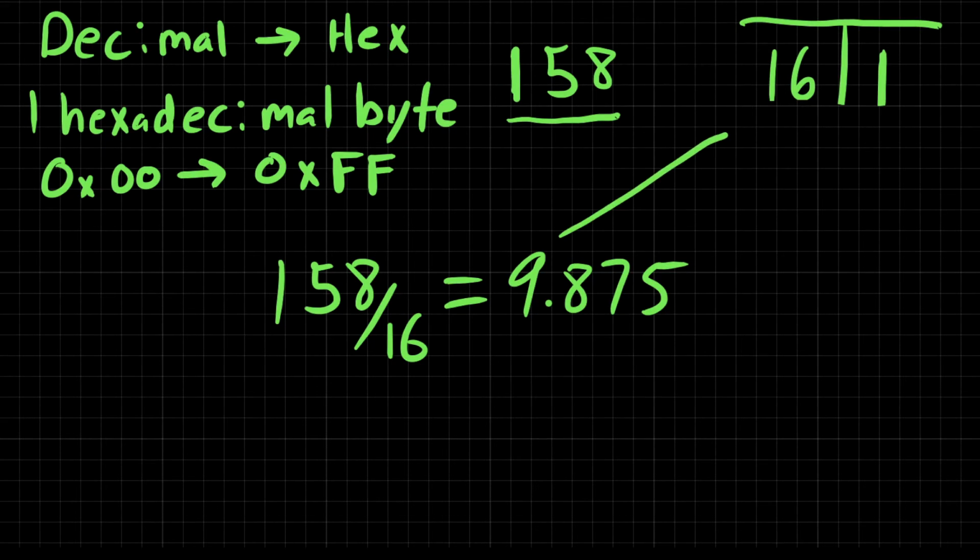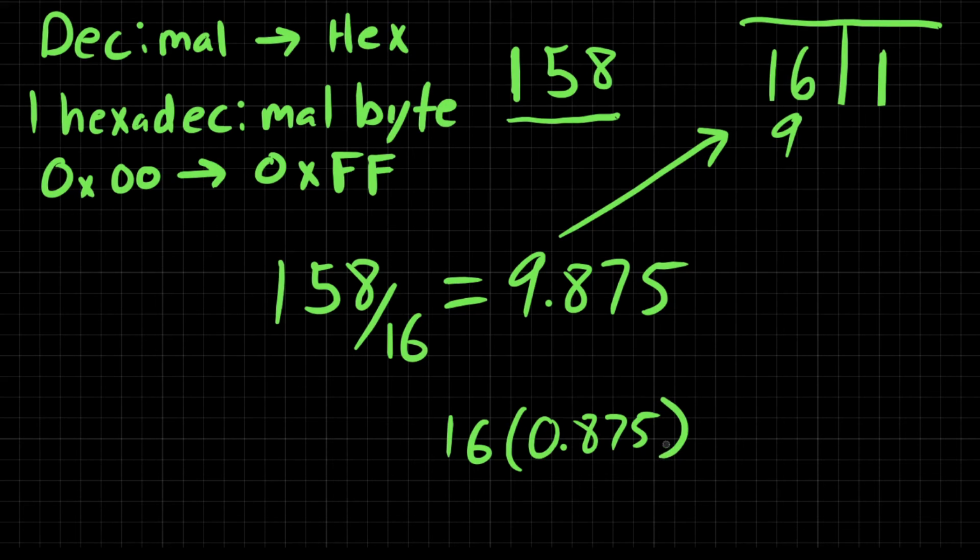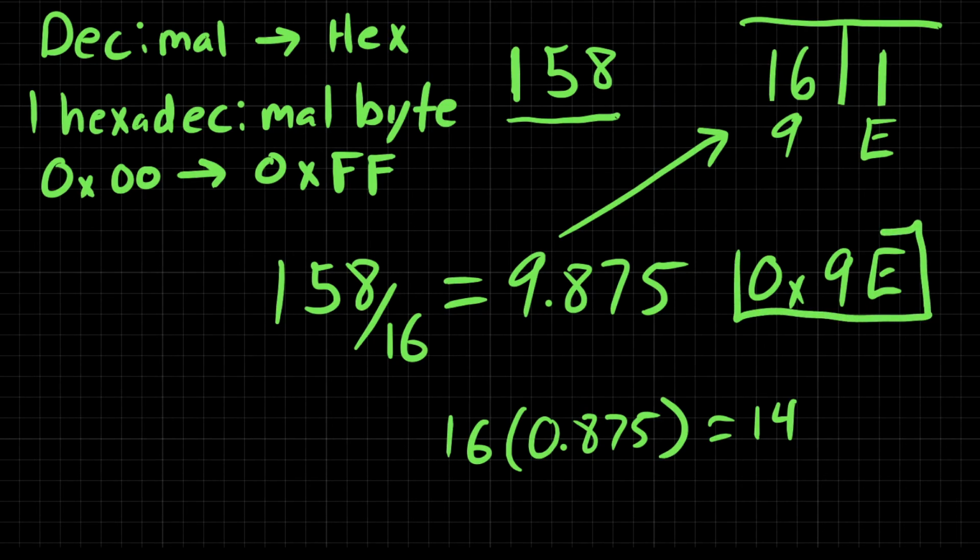The 9 is going to go into the 16's place here, and we're going to take 16 times 0.875 to figure out the 1's place, and that will give us a number of 14. Now, what is the hexadecimal digit for 14? That is going to be E. So our final answer will be 0x9E is 158 in hexadecimal.